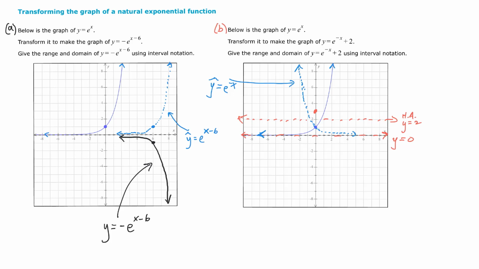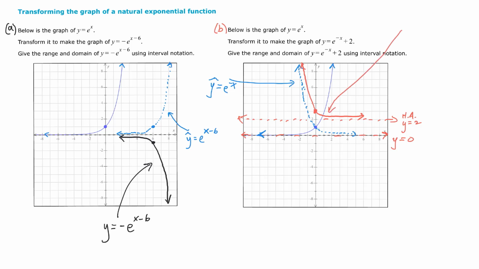And now we're in good shape. We can actually draw our exponential function, and it approaches that horizontal asymptote. So the red function is what we want.